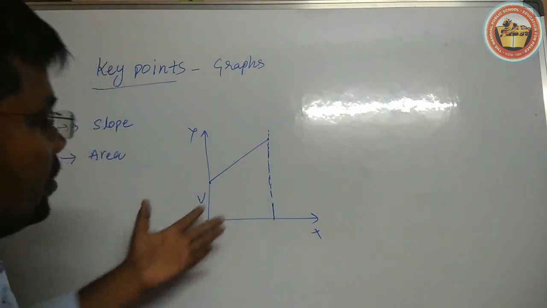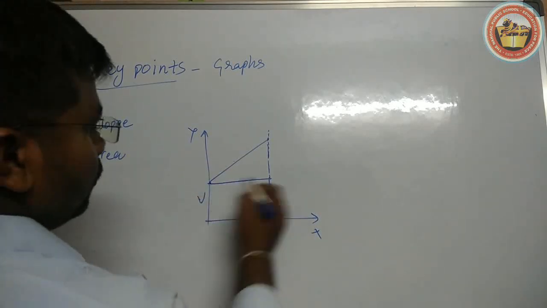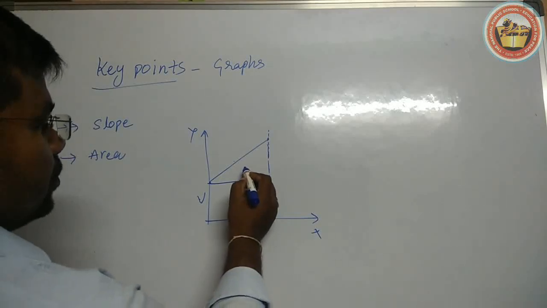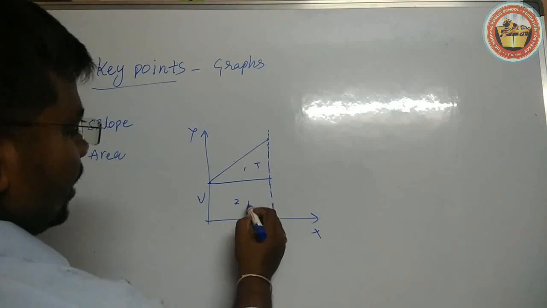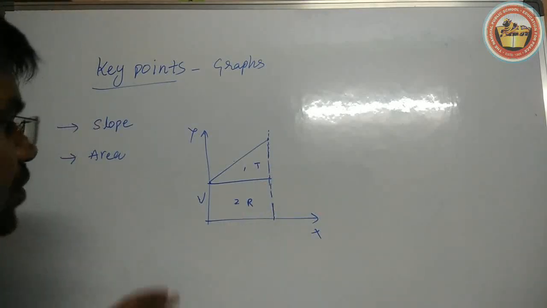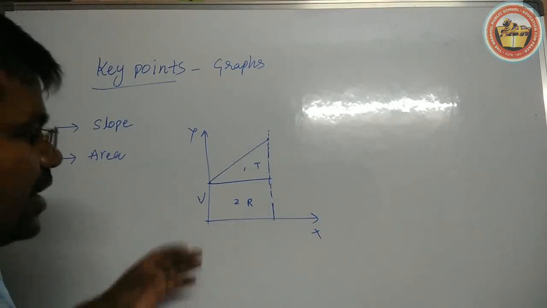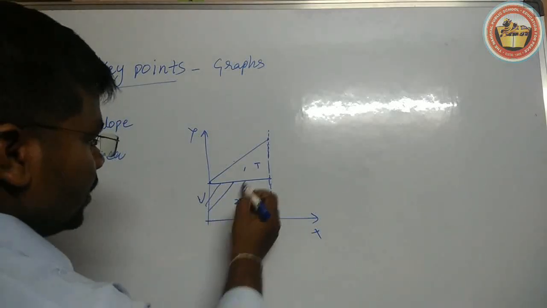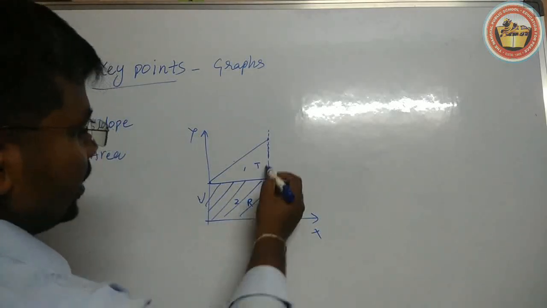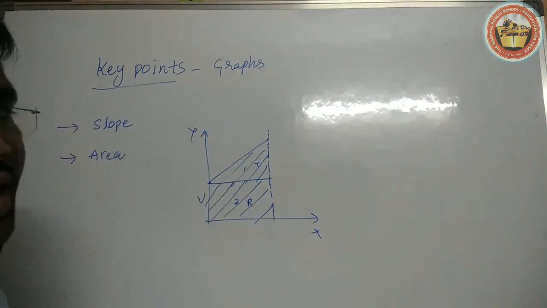By observing here, there is no single shape, so by dividing this portion into two parts, we get two different surfaces: here a triangle, here a rectangle. With the help of the formulas, we find the area of the triangle and the area of the rectangle, and add both.